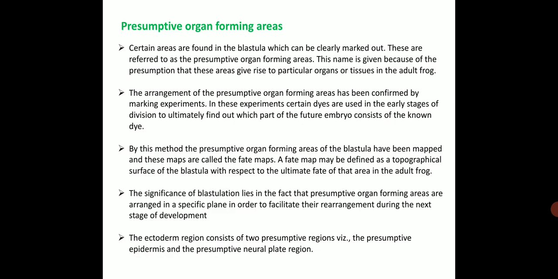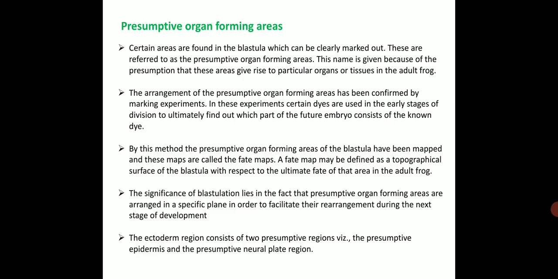By this method, the pre-assumptive organ forming areas of the blastula have been mapped, and these maps are called fate maps. So a fate map may be defined as the topographical surface of the blastula with respect to the ultimate fate of that area in the adult frog.